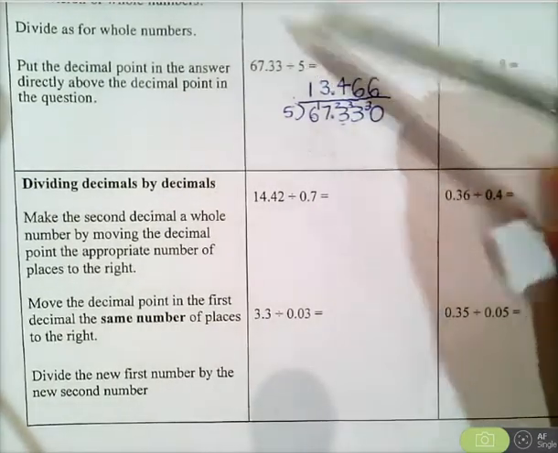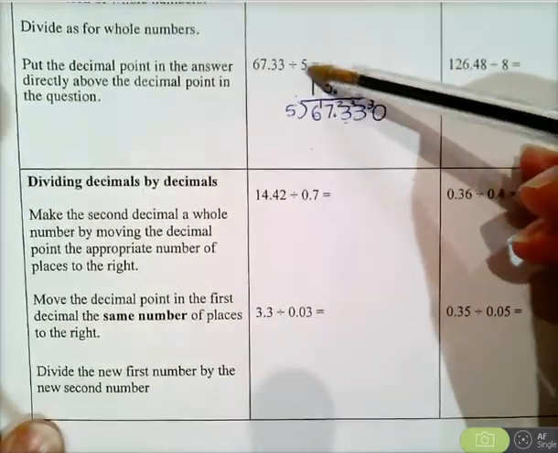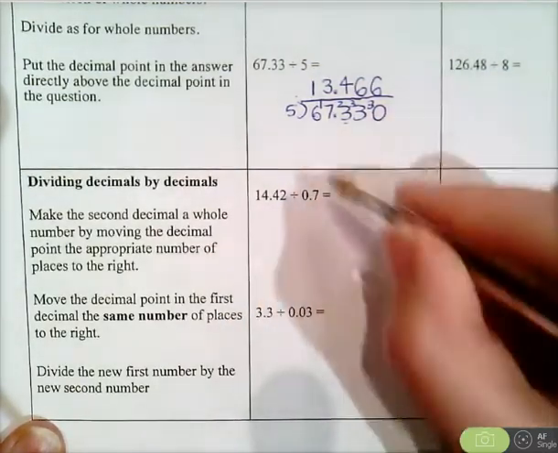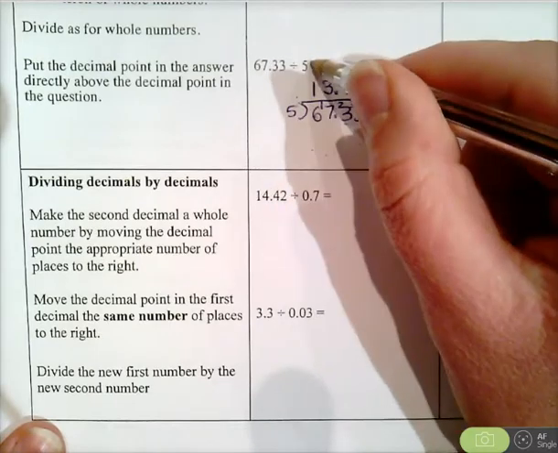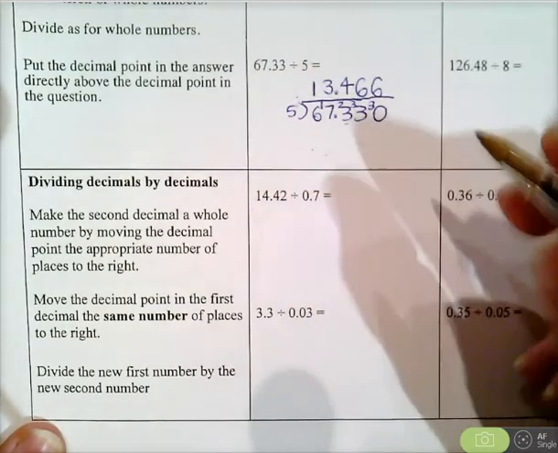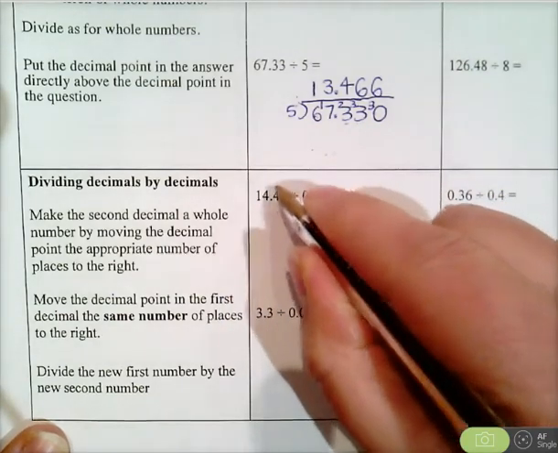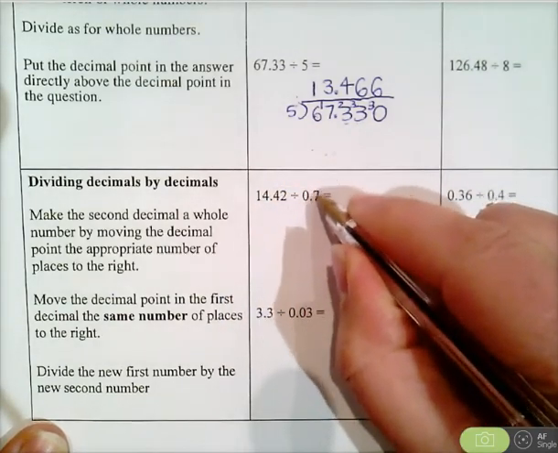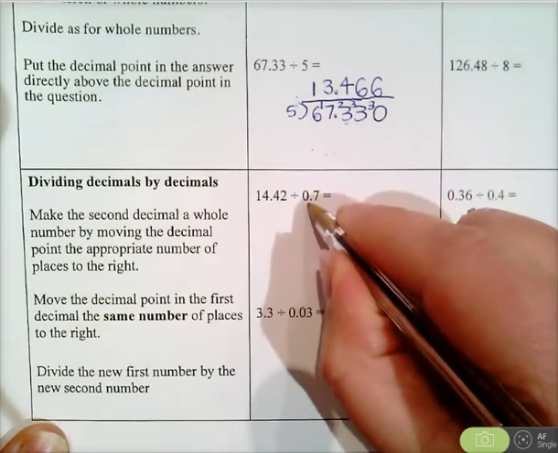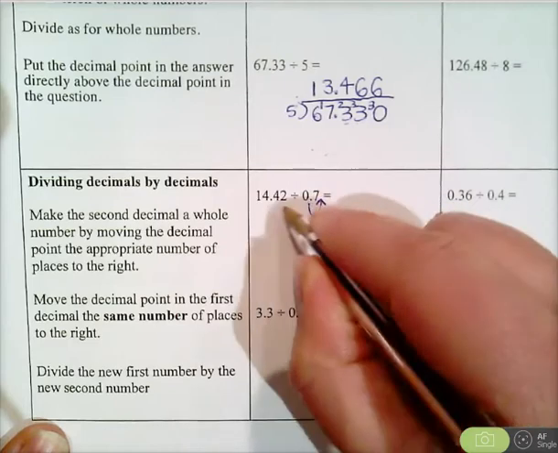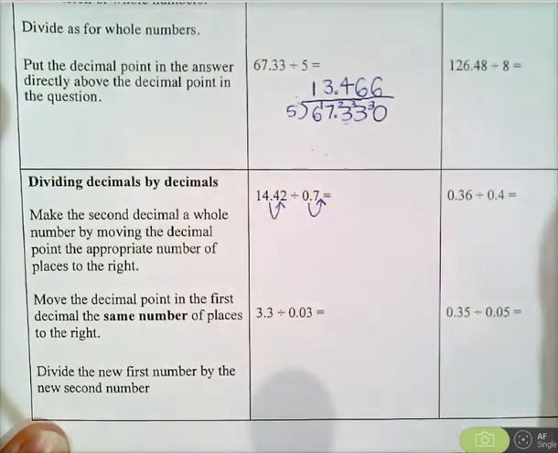Okay. Now, we're looking at dividing decimals by decimals. Now, if you look up here, we were dividing decimals by whole numbers. Now, what we can do, we're going to change this question. We know how to divide decimals by whole numbers, but not decimals by decimals. So what we're going to do is we're going to move the decimal point in this second number so that it is a whole number. So I'm going to move this point 1 place to the right there. And if I move this one place to the right, I have to move this one place to the right.